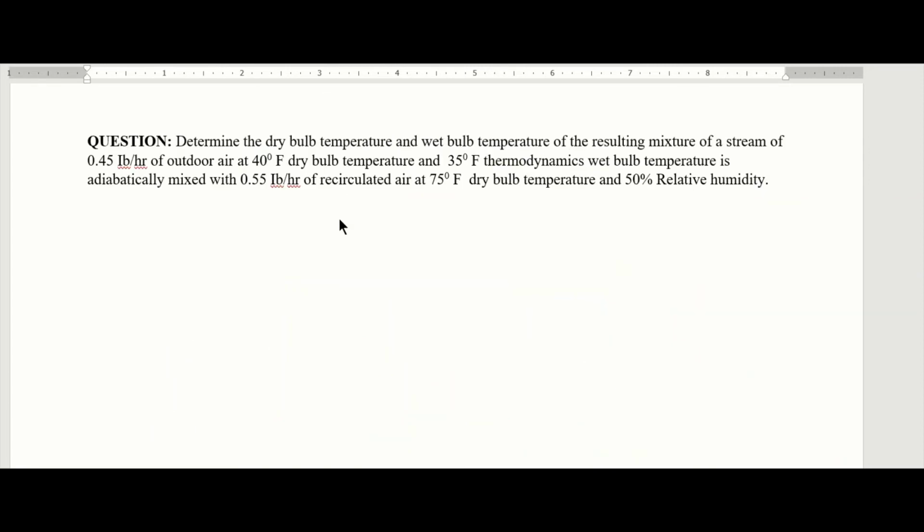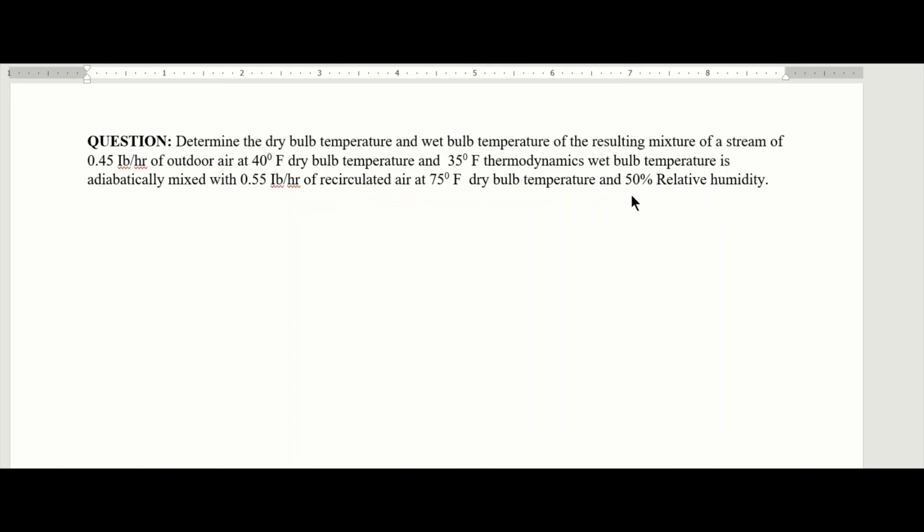All right, here is another question. We're asked to determine the dry bulb temperature and wet bulb temperature of the resulting mixture of a stream of 0.45 pounds dry air per hour of outdoor air at 40 degrees Fahrenheit dry bulb temperature and 35 degrees Fahrenheit thermodynamic wet bulb temperature, which is adiabatically mixed with 0.55 pounds dry air per hour of recirculated air at 75 degrees Fahrenheit dry bulb temperature and 50% relative humidity.